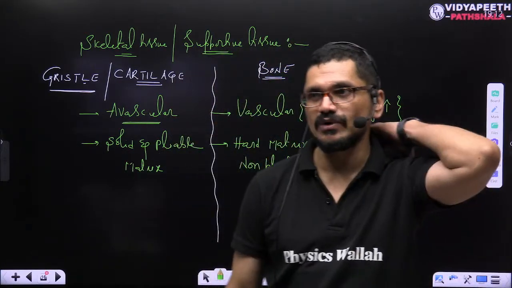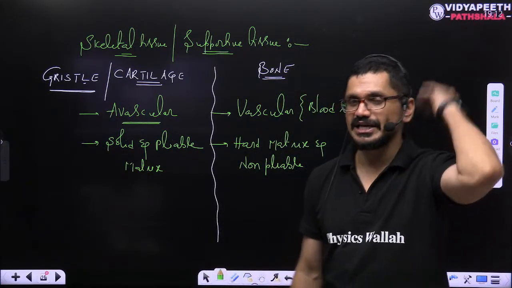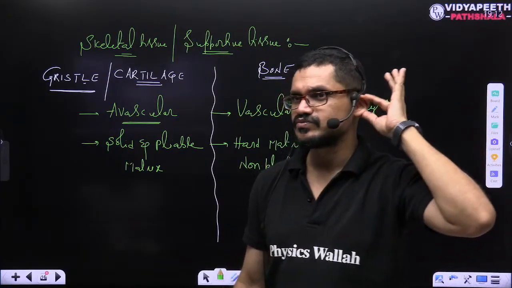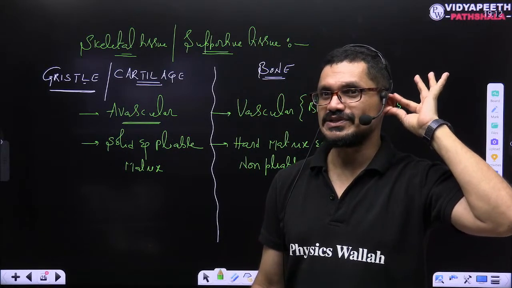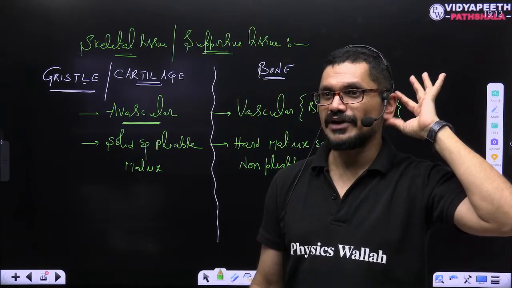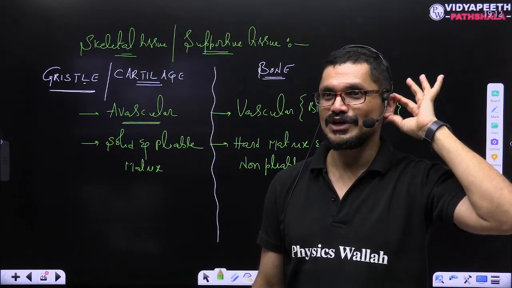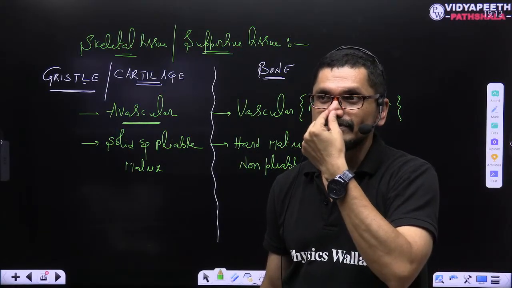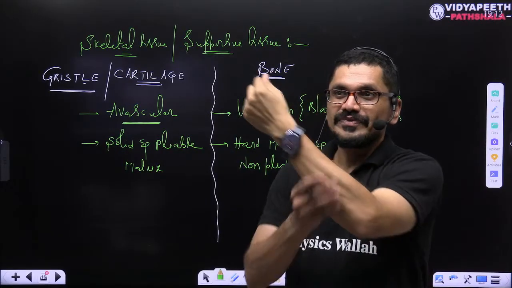First of all, tell me what is this pliable? See now, I will show. See this. Not only my ear, your ear also will move like this. You can move your ear also. That is flexibility.